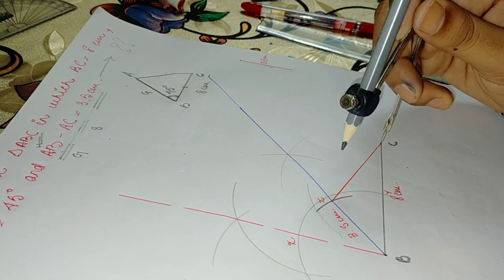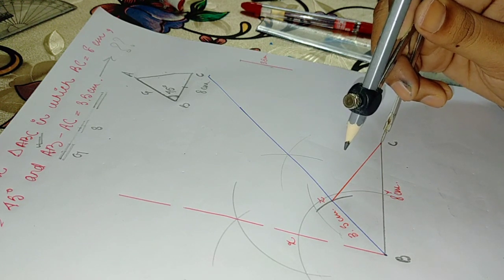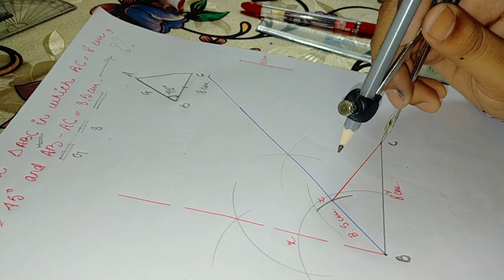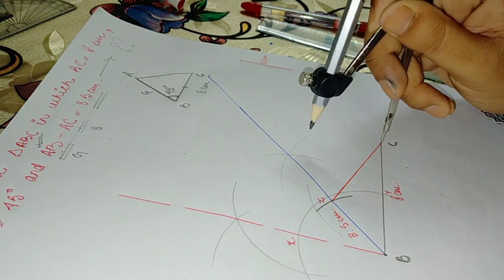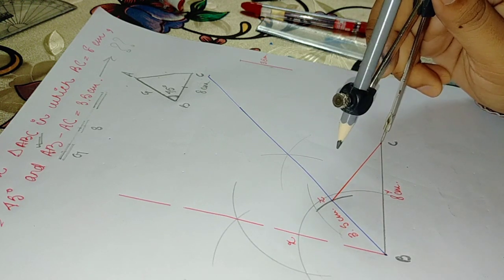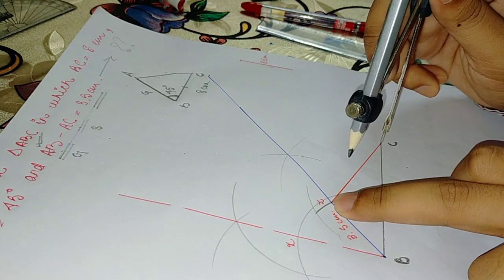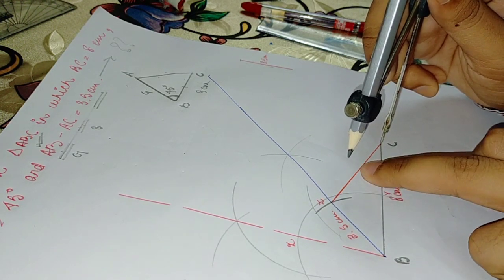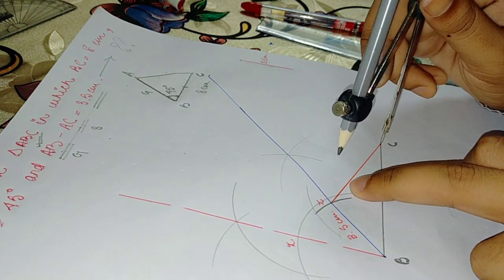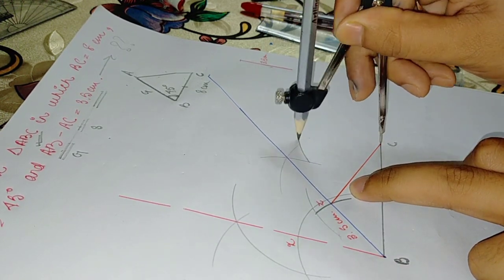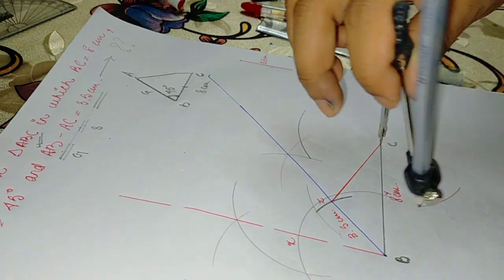Now, before drawing arc, what we need to know is what our radius will be, isn't it? Our radius will be more than half of the distance between CZ. The distance of CZ should be more than half. Okay, I am going a little bit slow so that I want all my students to understand what I am saying.